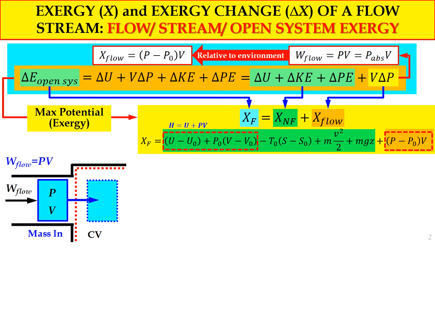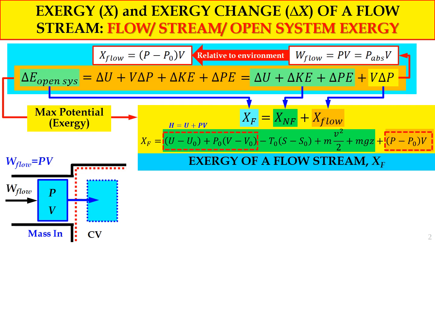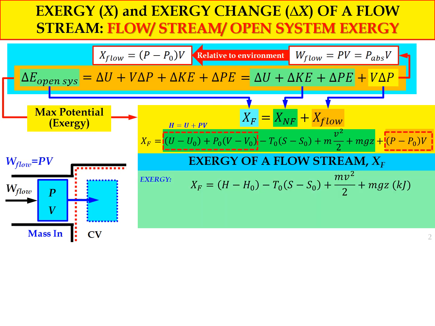If we combine these terms, instead of having U and PV parameters in the equation, we can change them to the enthalpy parameter. So now we have the complete equation for exergy for the open system or flow stream system, represented by the symbol XF.